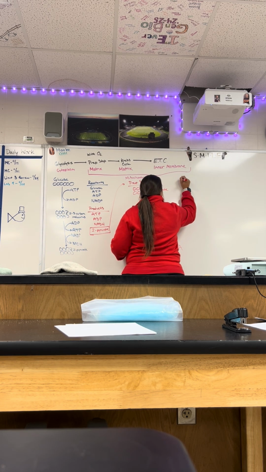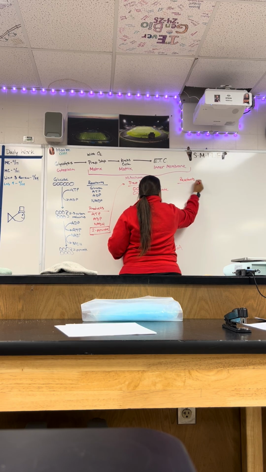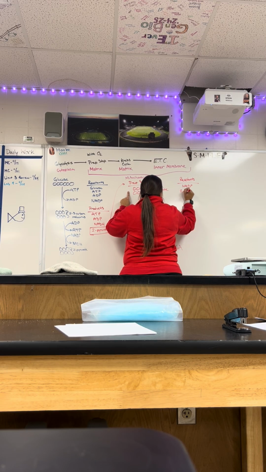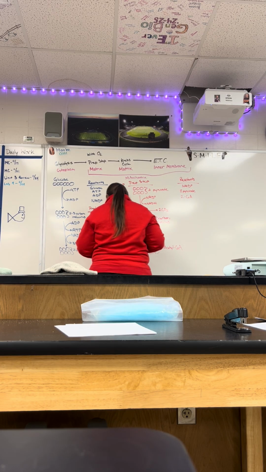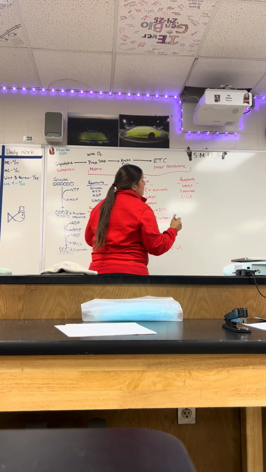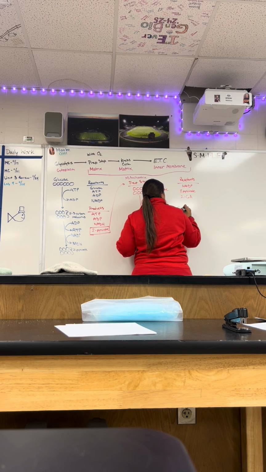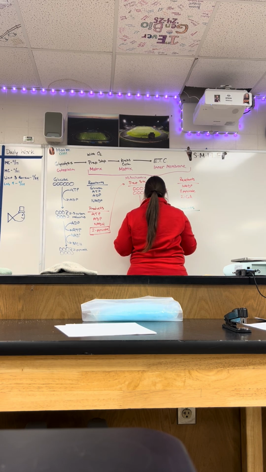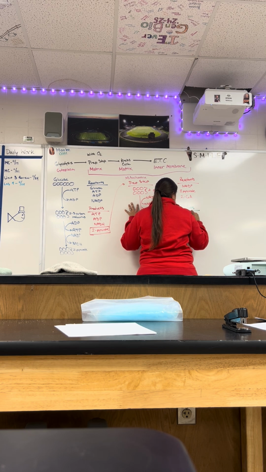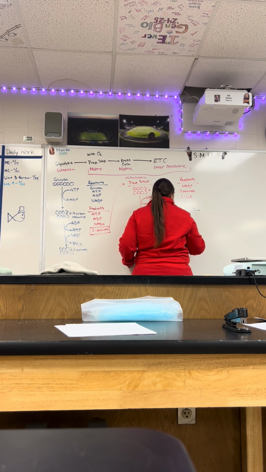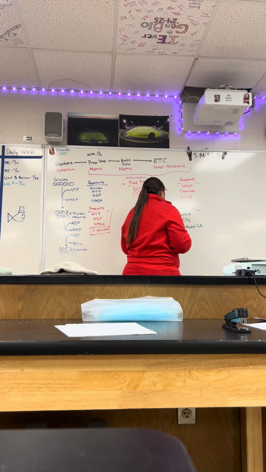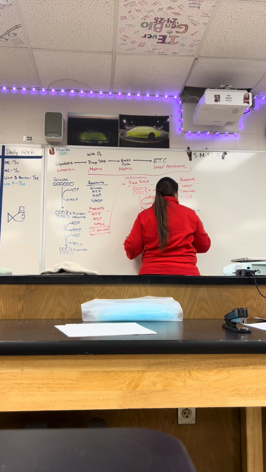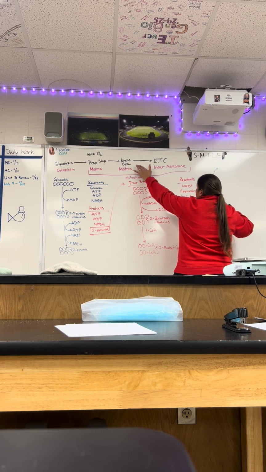So the reactants: we need NAD, we need 2 pyruvate, we need 2 coenzyme A. We produce NADH, CO2, and 2 acetyl coenzyme A. This is now going to go up here into the Krebs cycle.